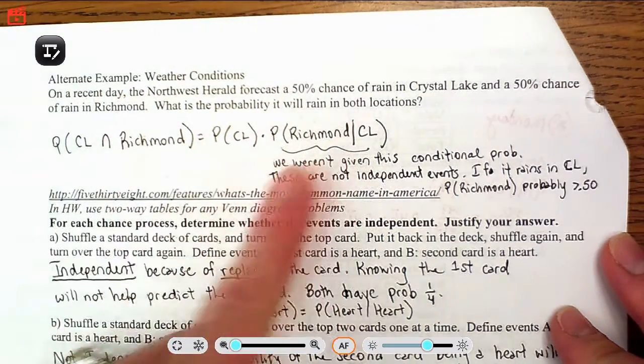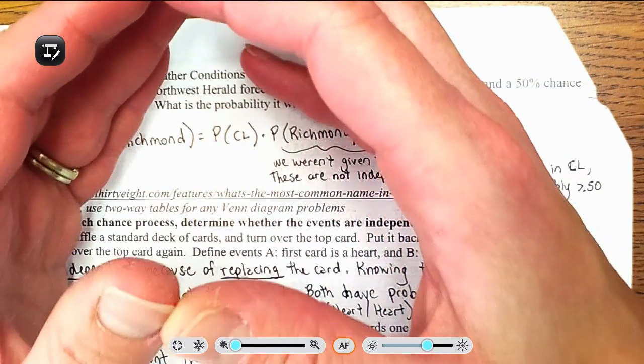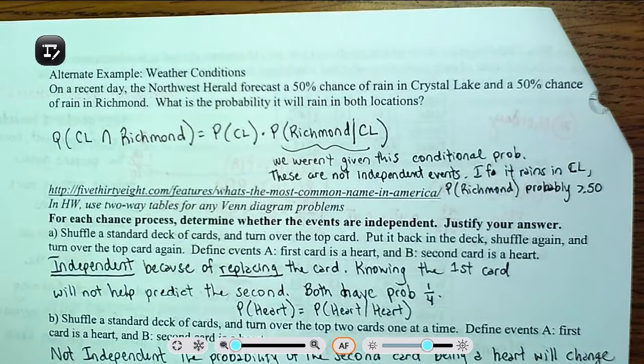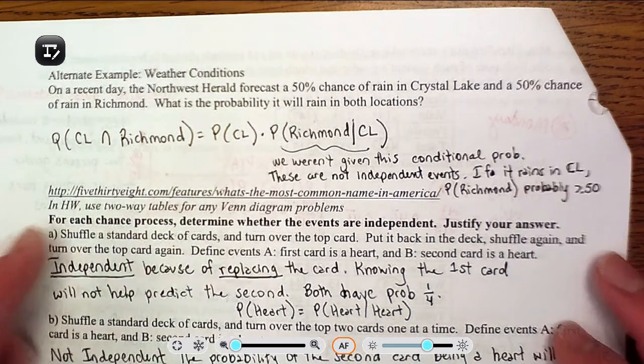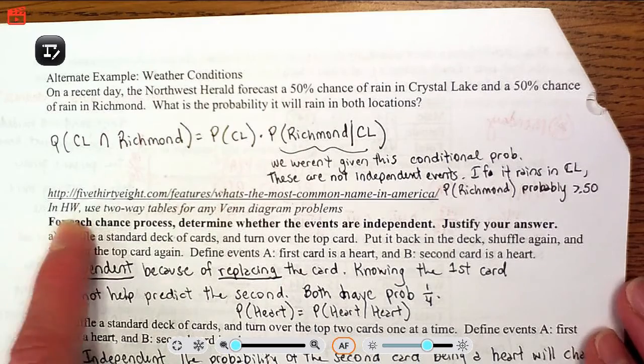But the nature of this is that if there's a storm cloud over Crystal Lake, it might now be more likely that the storms have come this far south, or this far north, or whatever, and it might increase the chance that there's also a storm cloud, or the same storm cloud, over Richmond.